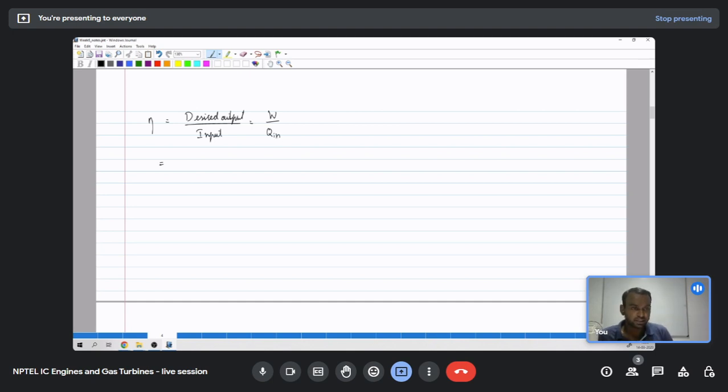In Brayton cycle we have work coming out of the turbine, but part of the work is again taken back for the compressor. So then we will essentially have the work output as turbine work minus compressor work divided by Q in, that is the heat supply. So this is the thermal efficiency.